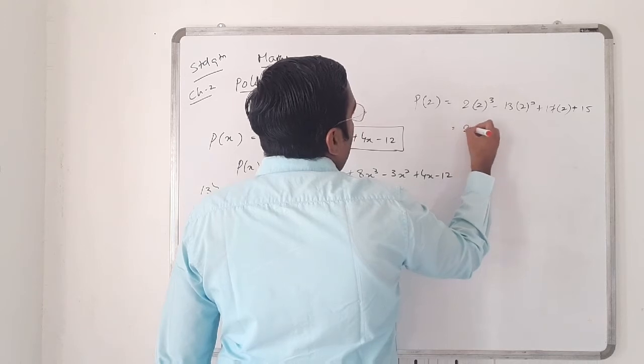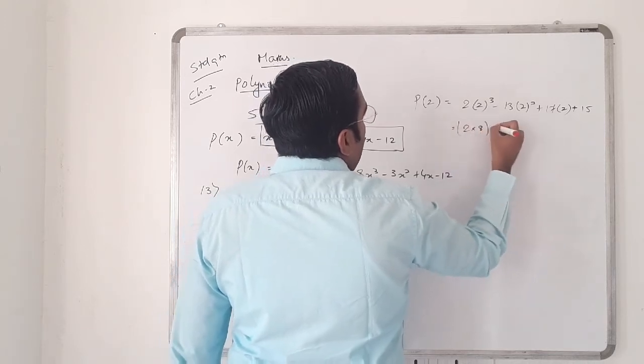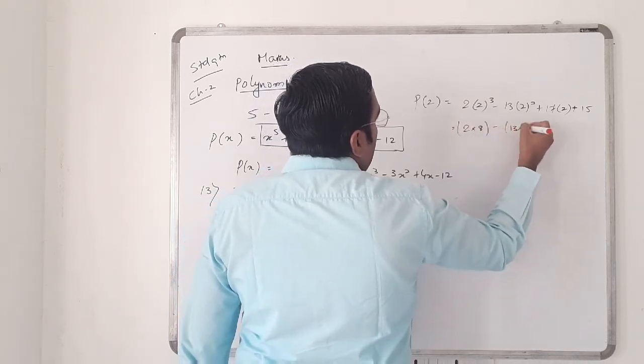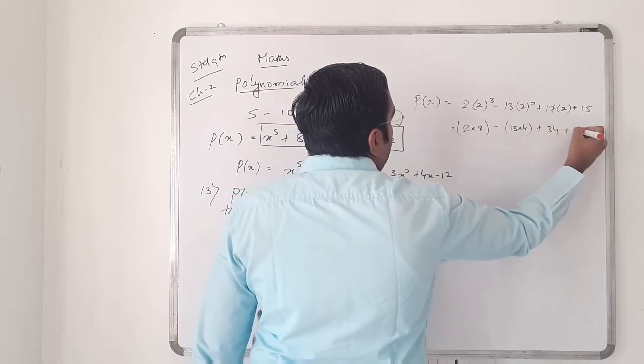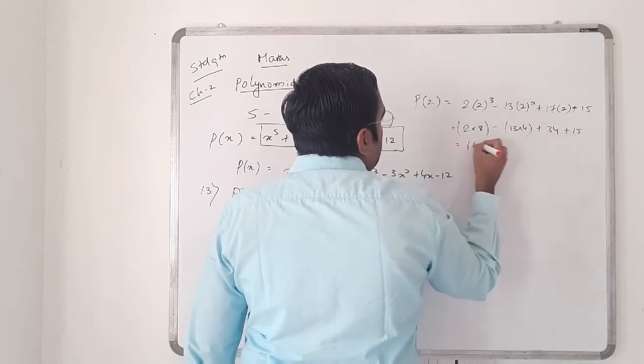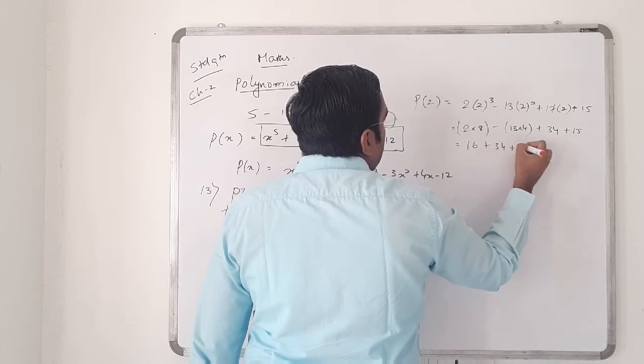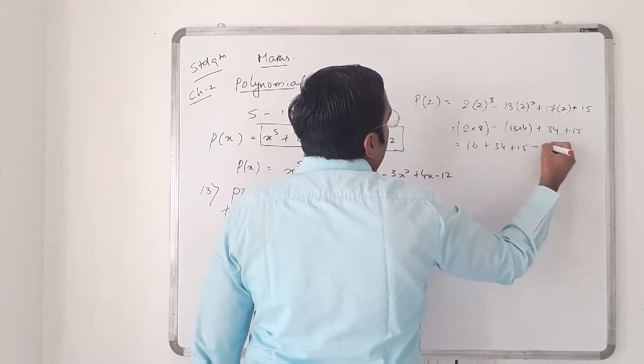So 2 into 2 cube is 16, minus 13 into 2 square, that is 4, plus 17 into 2 is 34, plus 12. 8 2s are 16, plus 34 plus 12, minus 13 4s are 52.